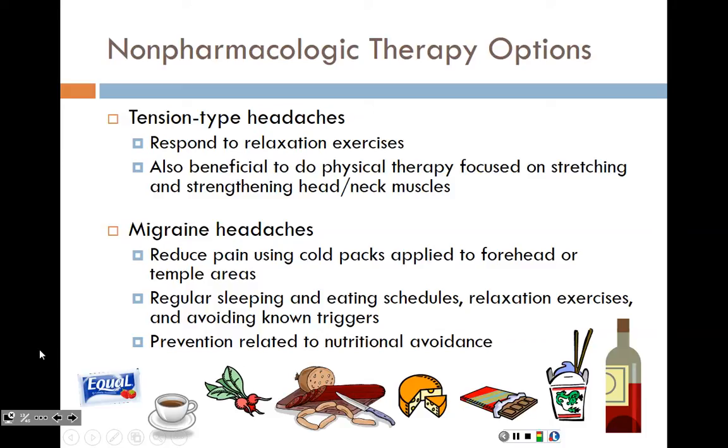Migraine headaches. So we've got to think again about what triggers them. Sometimes heat and cold, depending on the person, can be a trigger. But in the case of migraines, cold can also be, for some people, a way to relieve pain. It's sort of a subjective thing. We talked about irregularities in your normal functioning. So make sure people are getting enough sleep.